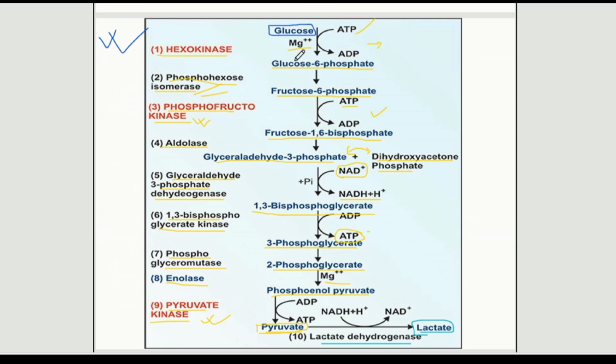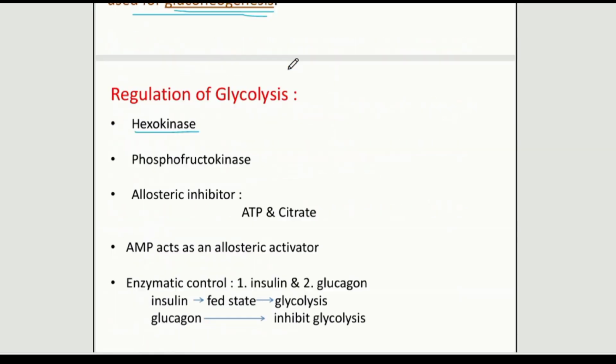You can easily appreciate that when glucose 6-phosphate is more, it will inhibit hexokinase from converting glucose into glucose 6-phosphate. So for hexokinase, glucose 6-phosphate is an inhibitor.